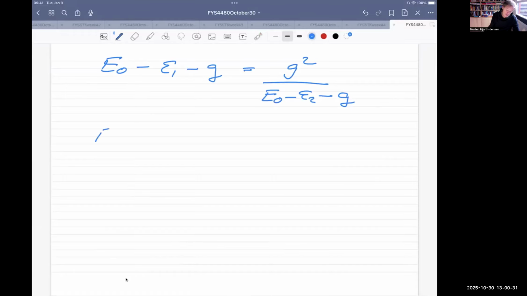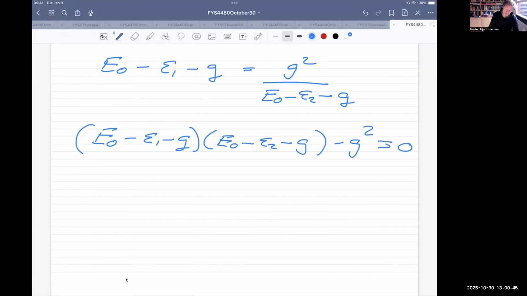So I can rewrite this equation as E0 minus epsilon 1 minus g times E0 minus epsilon 2 minus g minus g squared equal to 0. And if I now replace, in the equation I had for the determinant of A, E0 with lambda, this equation is equivalent with setting the determinant of A equal to 0.